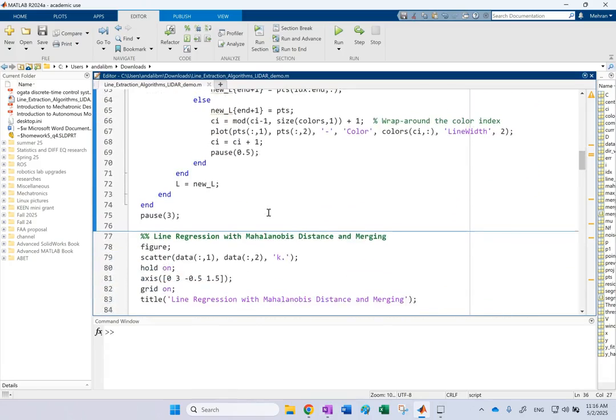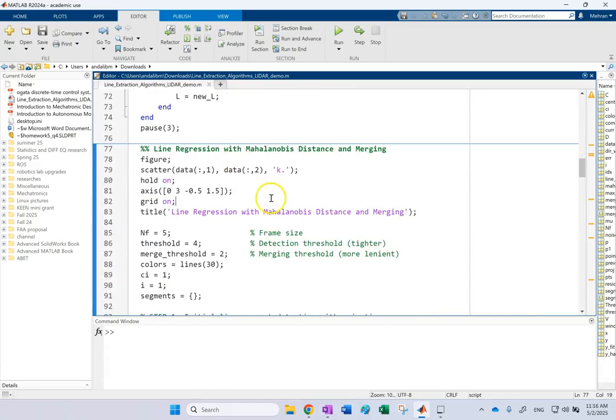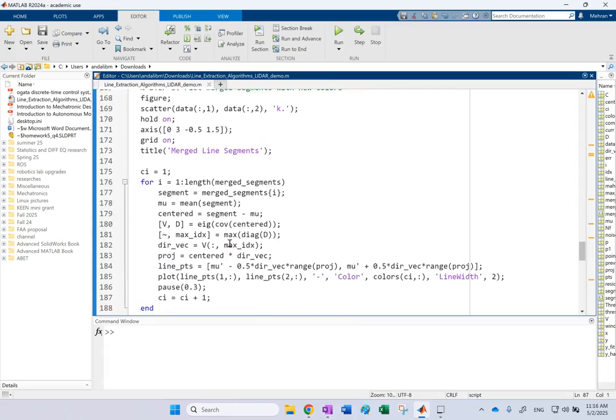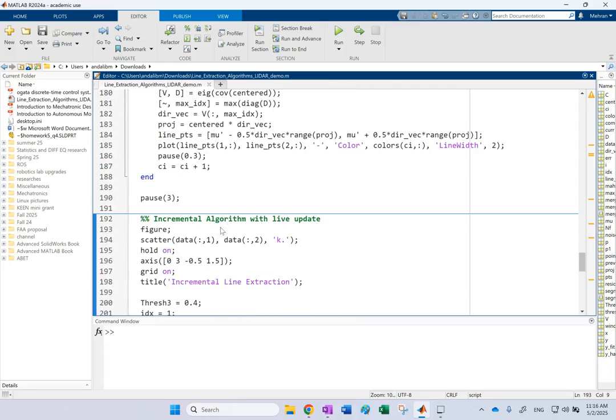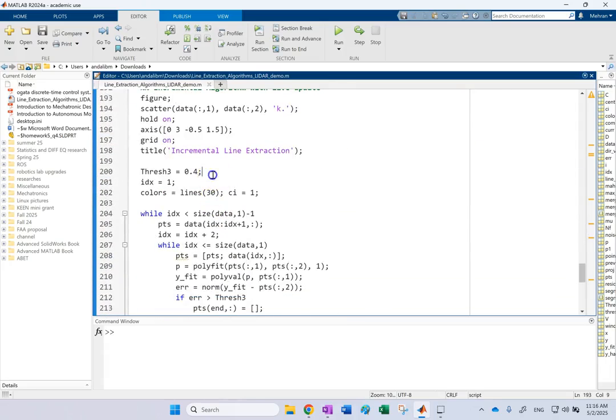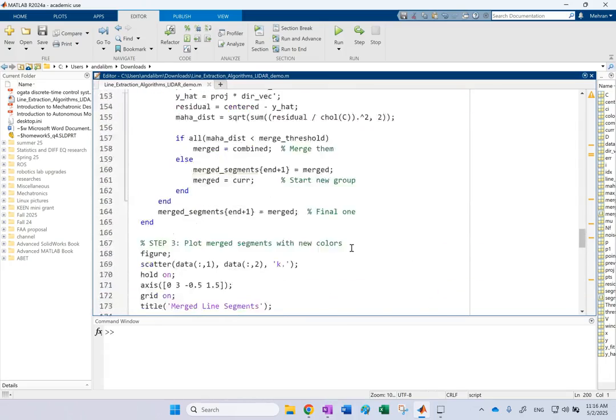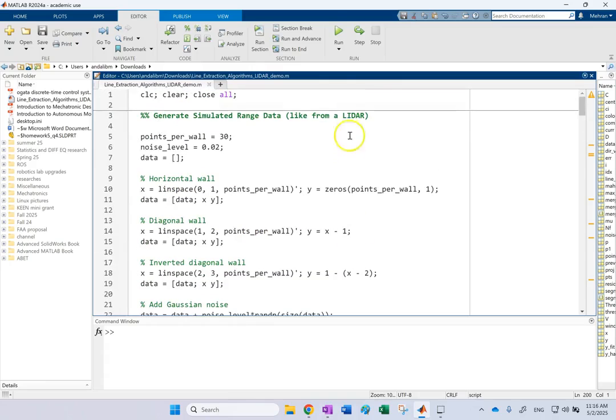Then you have the line regression algorithm. The NF that I'm using is 5. There are two thresholds here, one for the Mahalanobis distance, the other one for merging. You can change those as well. And finally, you have the incremental one, which again has a threshold for merging. So let's go ahead and see what we have over here.